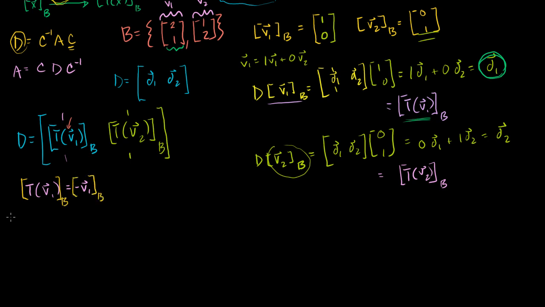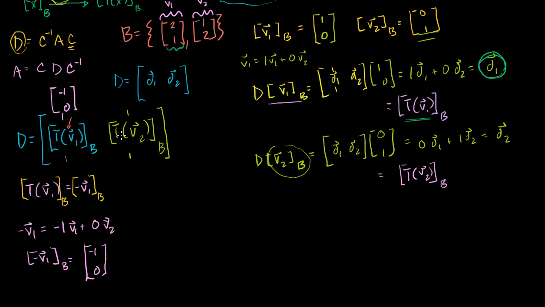Well, minus v1 is just equal to minus 1 times v1 plus 0 times v2. So minus v1's coordinates in B coordinates are just going to be equal to minus 1 times v1 plus 0 times v2. Remember, these are just the weights on your basis vector. So this thing right here is pretty straightforward. This is just going to be equal to minus 1 and 0, the first column of D.